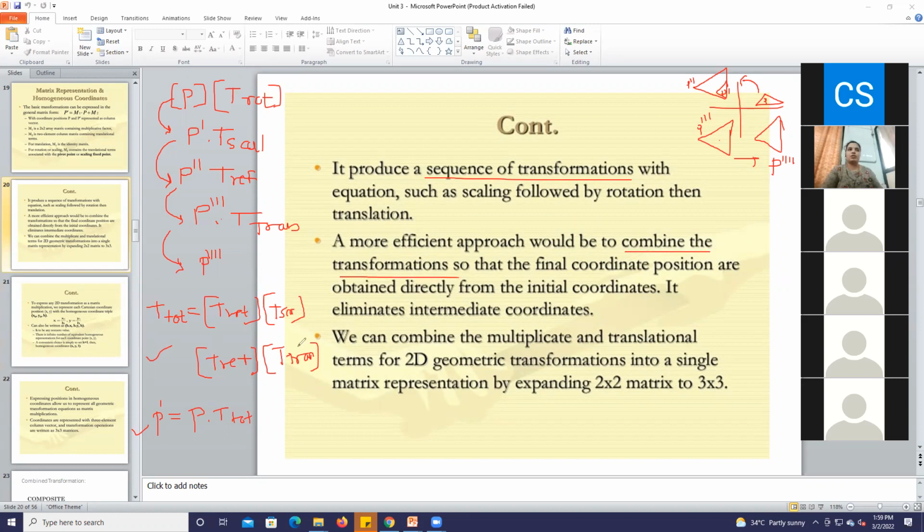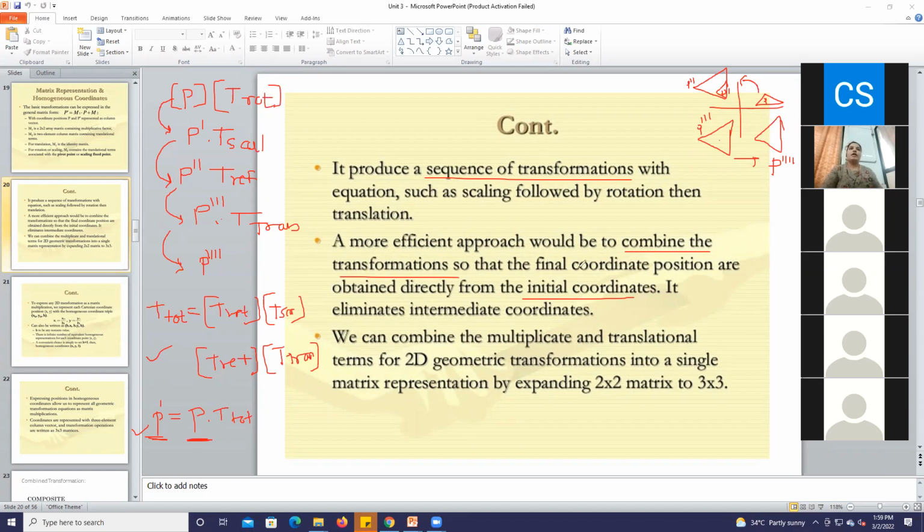So this is your combining of transformations, and that is considered as T total or T combined, so that final coordinate position are obtained directly from the initial coordinates. म्हणजे फायनल कोऑर्डिनेट हा मिळाला कशापासून? इनिशियल पासून. इथे तसं होत होतं का? नाही. इनिशियल पासून पी डॅश मिळत होता, पी डॅश पासून पी डबल डॅश, पी डबल डॅश पासून पी ट्रिपल डॅश.